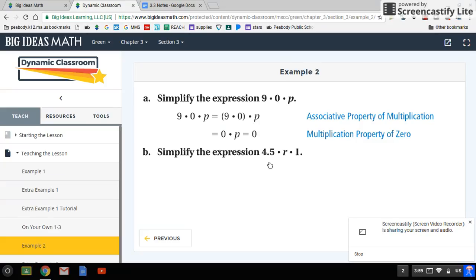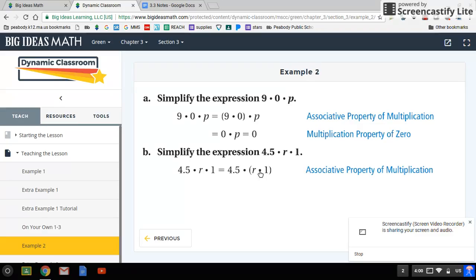Part B is showing an example of 4.5 times r times 1. This is showing you the multiplication property of 1. So this is showing you that anything times 1 is itself. So of course they have to break down the steps. So they made a mistake again because they're regrouping when there wasn't any regrouping. But you have to assume that with this mistake that the parentheses must have originally been around the 4.5 and the r.